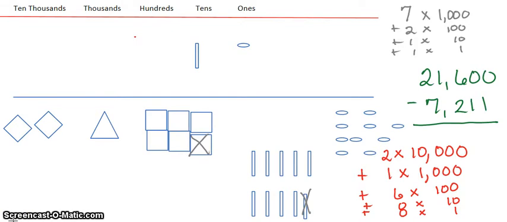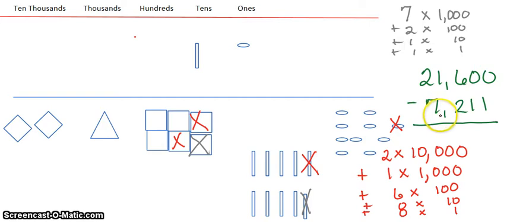Okay, now I have 10 ones, so I can take away the 1 one that's in 7,211 from those 10 ones. Now I can take away 1 ten from the 9 tens that I have left over. And I can take away 2 hundreds from the hundreds that I have left.